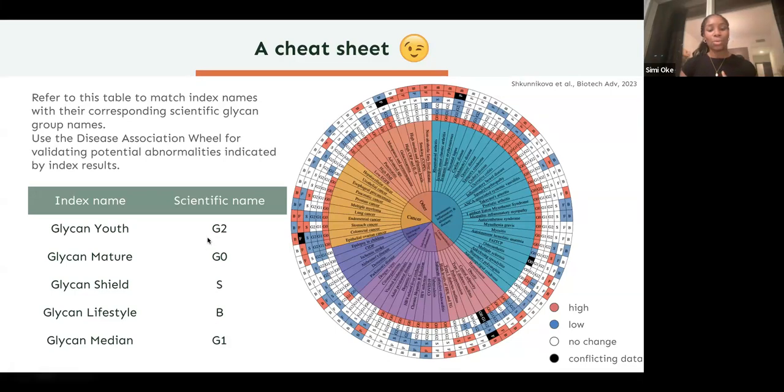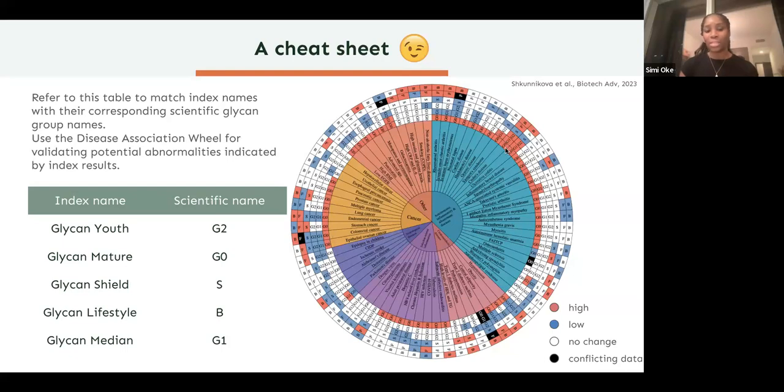And what we know is that certain diseases have a specific pattern of these glycans, so different levels of these glycans. So if you have a client who has a GlycanAge result that is particularly unusual, you can use this very handy tool, which has a series of diseases on the inside and the various different glycans on the outside.